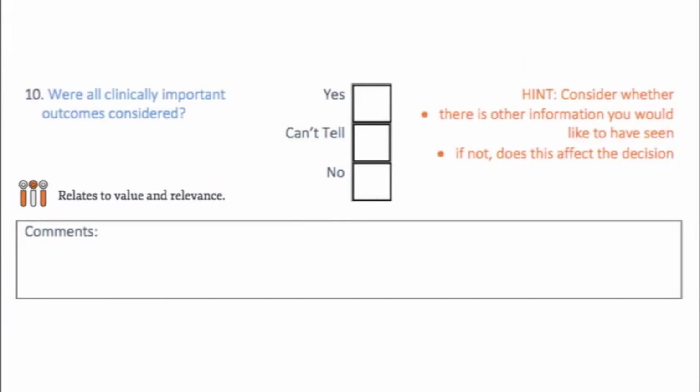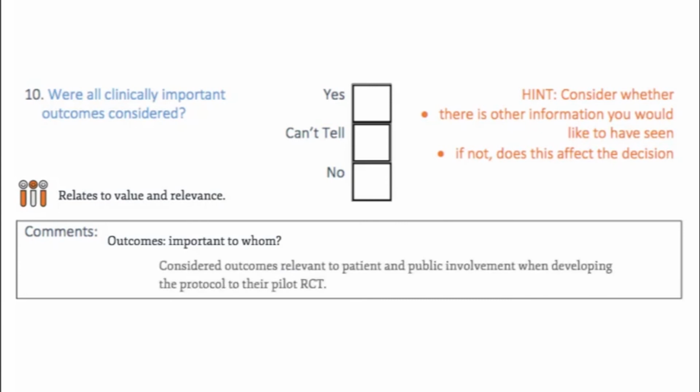Question 10 asks us to consider whether all clinically important outcomes were considered. How have the authors defined their outcomes, and would you consider them relevant in this healthcare area? Or are there outcomes missing that you would have otherwise expected to see? Again, it is important to consider whether outcomes important to healthcare practitioners, commissioners, patients, and caregivers alike have been equal and balanced in consideration.